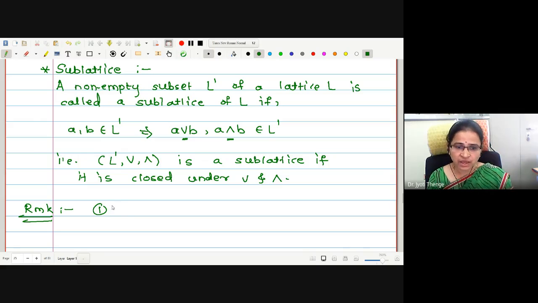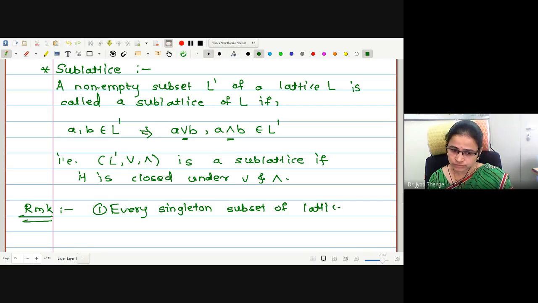Therefore, every singleton subset of lattice L is a sublattice.